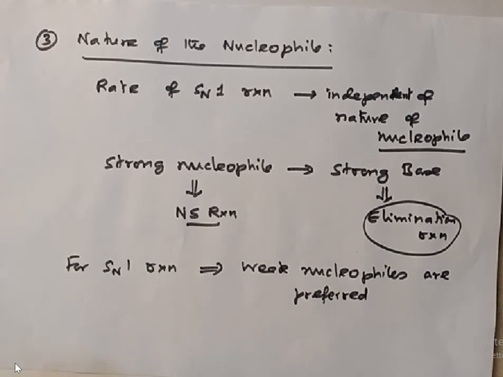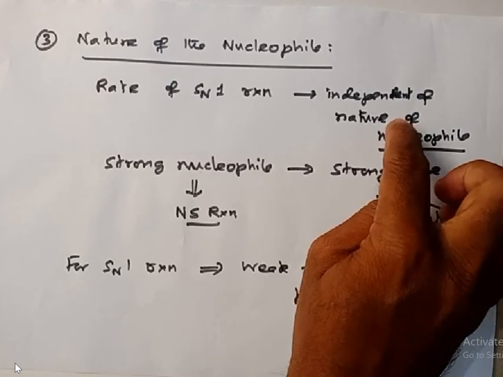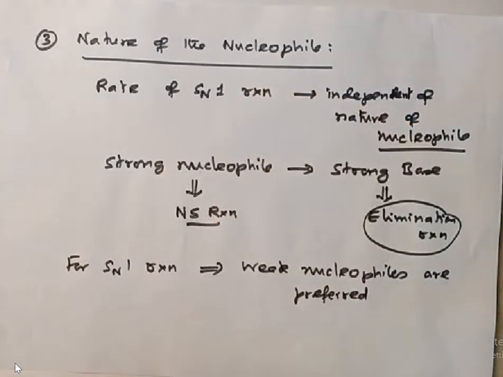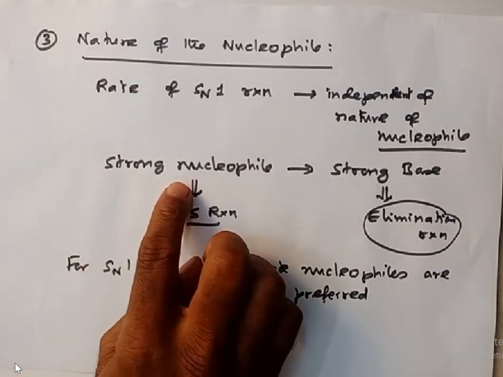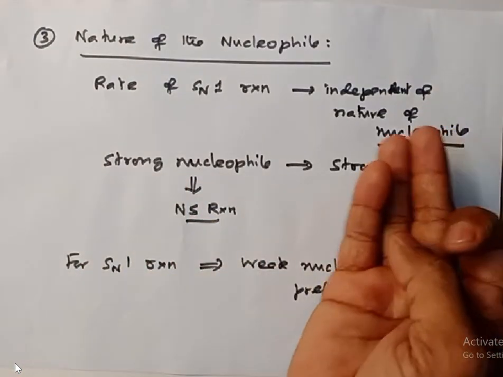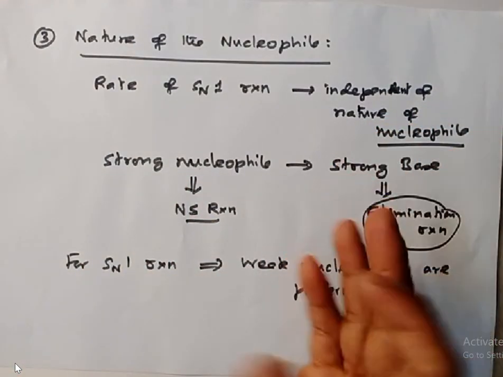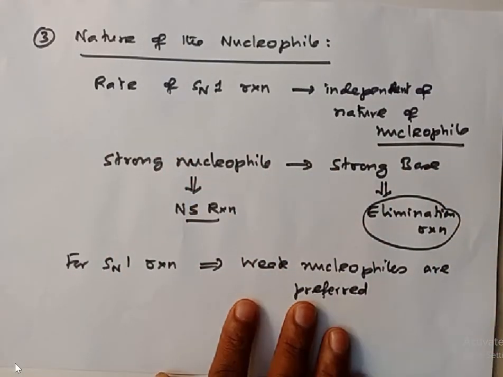I am not saying that the nucleophile directly affects the rate. Nothing is wrong in choosing a strong nucleophile, but there is another problem.